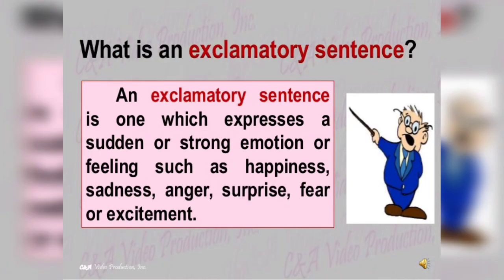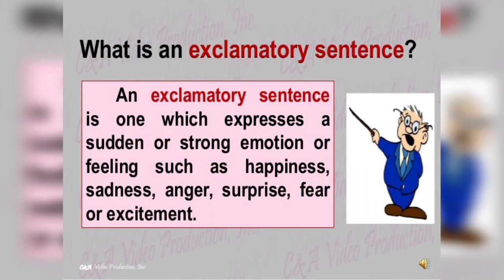And so on. Now let us understand what is an exclamatory sentence. An exclamatory sentence is one which expresses a sudden or strong emotion or feeling such as happiness, sadness, anger, surprise, fear, or excitement.